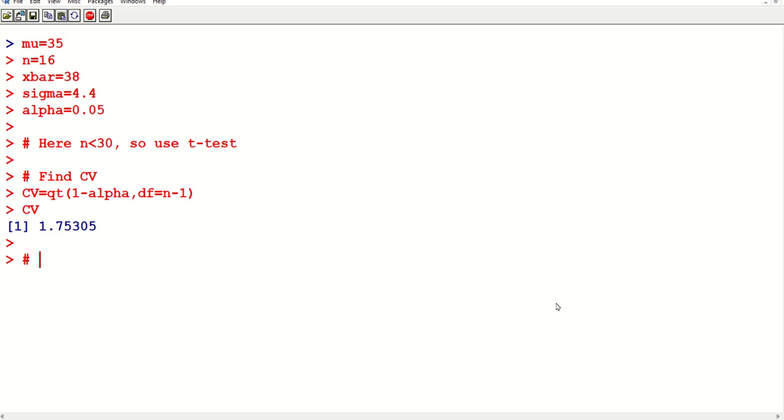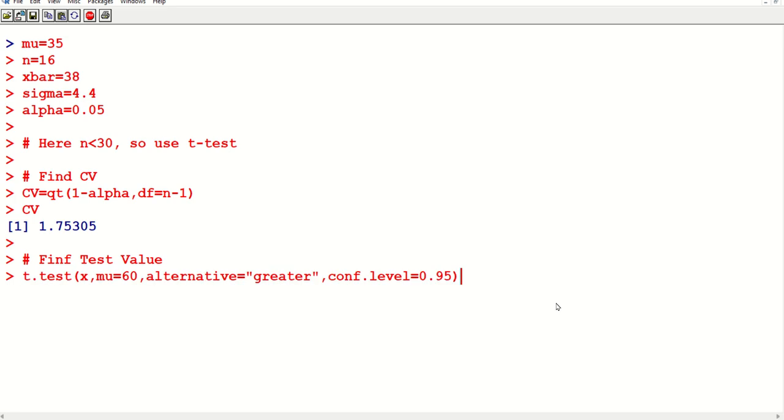Then find the test value. The formula is the same that we were using in the previous question. This is the test value: x bar minus mu into square root of n upon sigma. Because it is a t-test, you can write sigma, you can write S. So what is the t value coming here? 2.72.